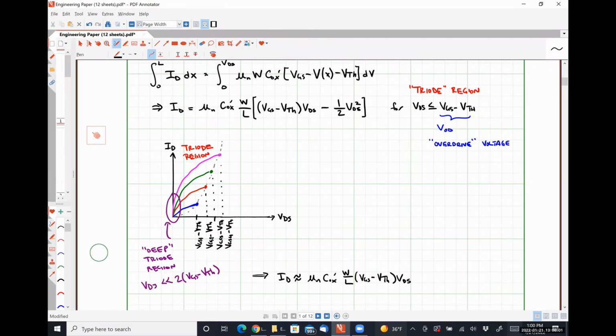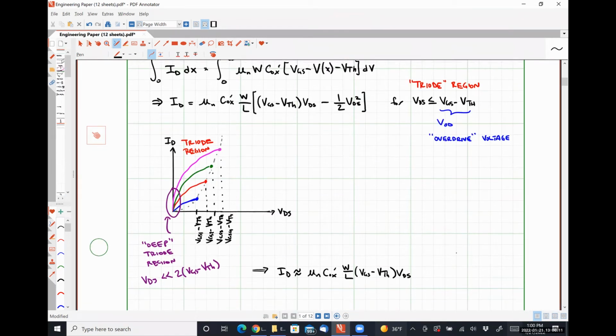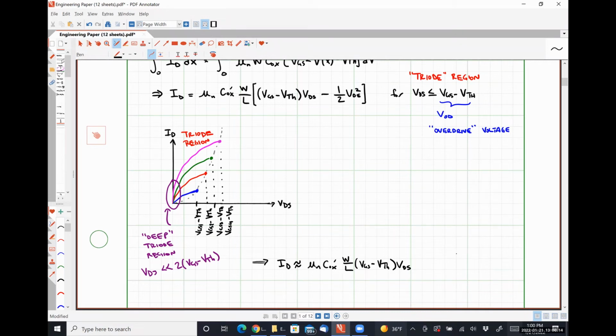And we have a linear relationship between ID and VDS, which we can call, I'll sneak it in here, R on, is mu n Cox W over L VGS minus VTH. This whole thing is a -1 power.